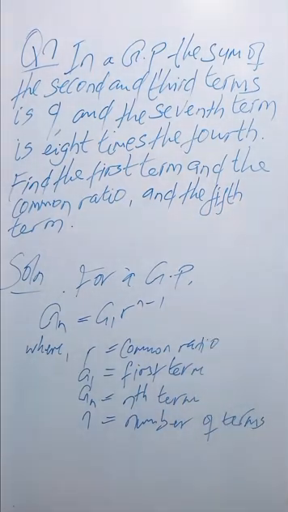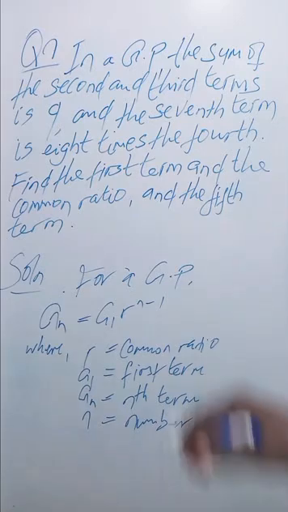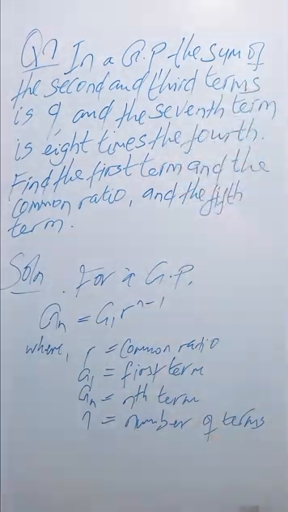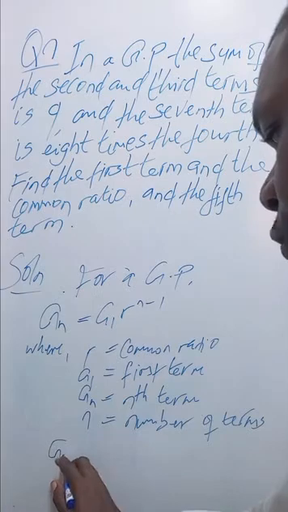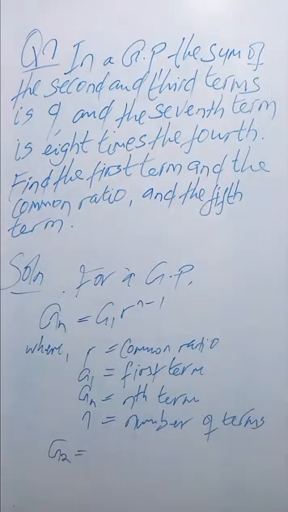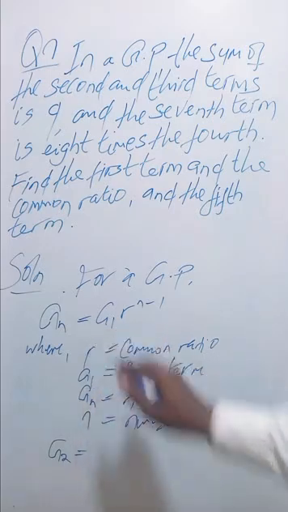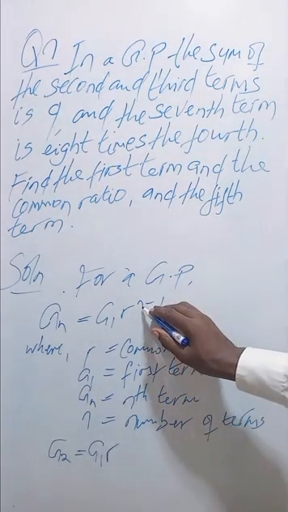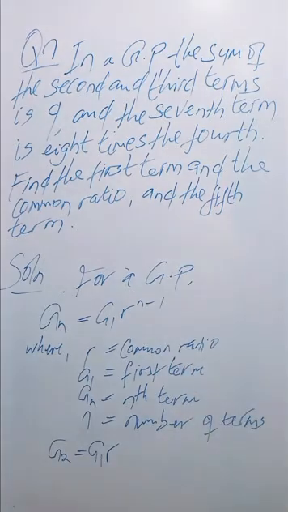So this is about this formula. In this question, we have this information. The second term has been mentioned, that is G2. G2 is given by, according to this formula, G1 times R, put here 2 minus 1, so it's R power 1.